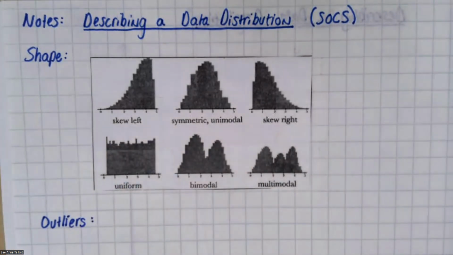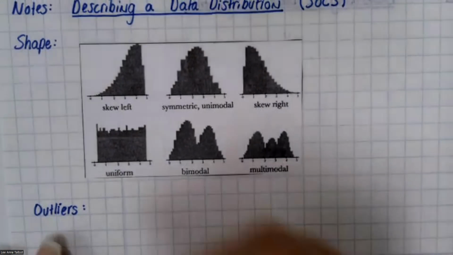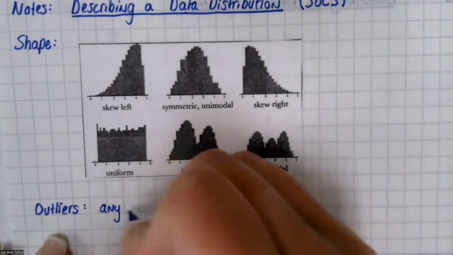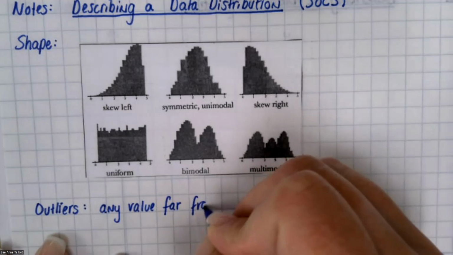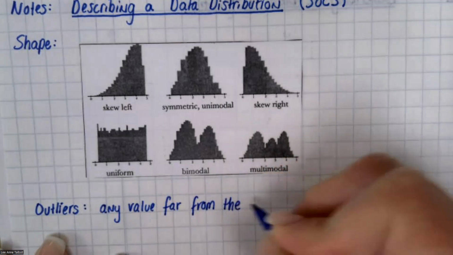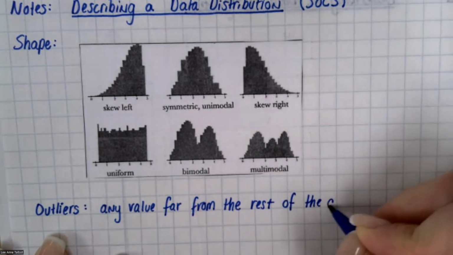There's actually a formal process to determine whether a number is an outlier, and I'm not going to teach it to you. So for us, we're just going to say any value far from the rest of the data.